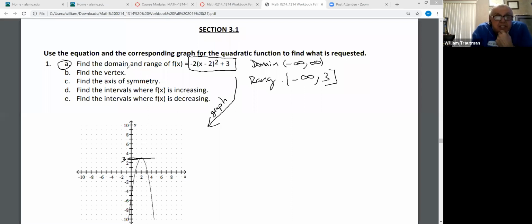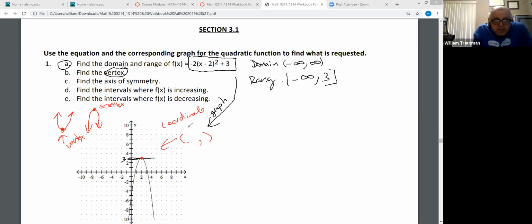Now the vertex is the point at the top or the bottom, the highest point or the lowest point. If the parabola looks like this, the vertex is the lowest point. If the parabola looks like this, the vertex is the highest point. So this vertex, can somebody tell me the coordinate of the vertex?